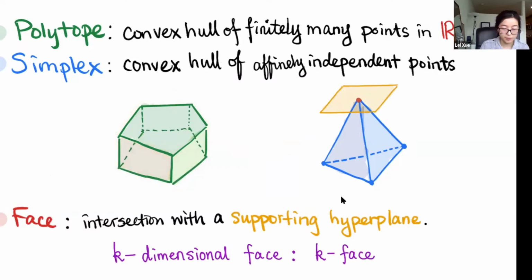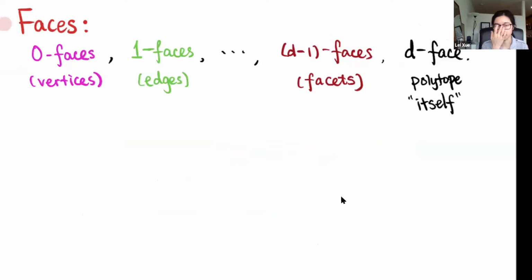And here's another example. A k-dimensional face of a polytope is called a k-face. Depending on that k, we can give them different names. You're probably familiar with vertices and edges, and those d-1 dimensional faces on a d-polytope are called facets. Those are the maximal proper faces of a d-polytope.